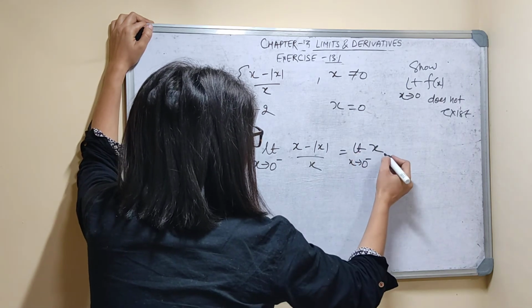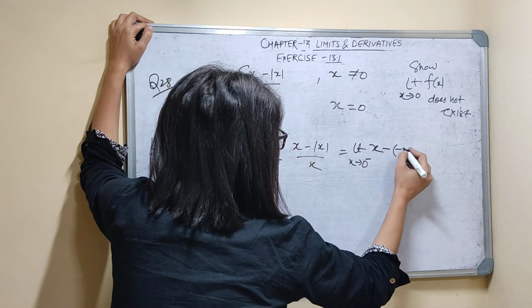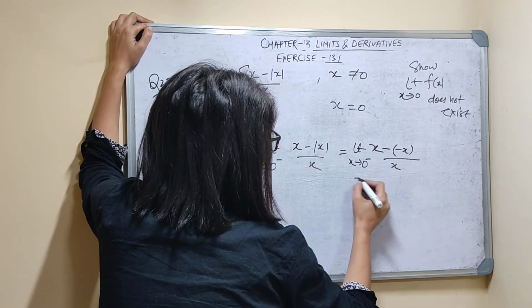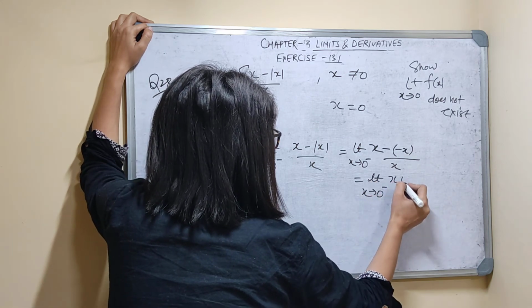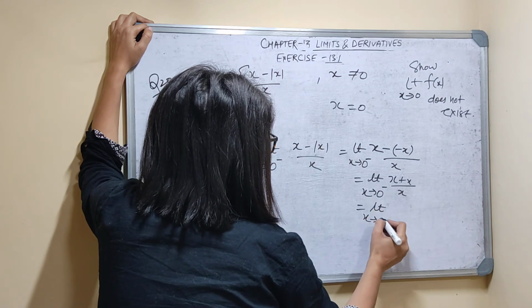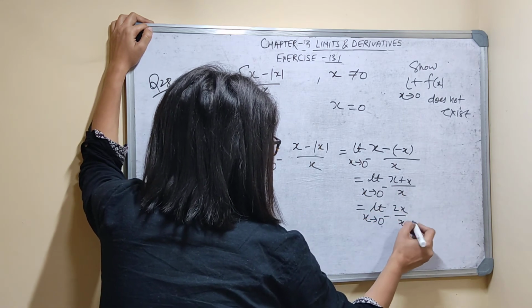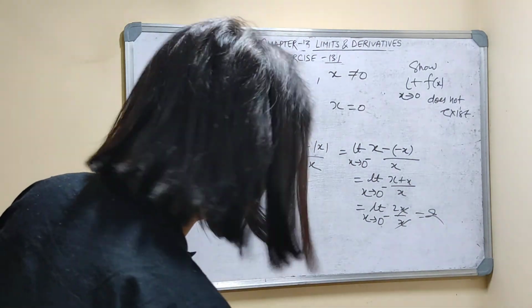Minus x. Is it clear? Mod of x is equal to what? Minus x. X minus mod of x is equal to what? Minus x upon x. So limit of x tends to 0 minus x plus x upon x. Limit of x tends to 0 minus 2x upon x. Answer is what? 2. Is it clear?